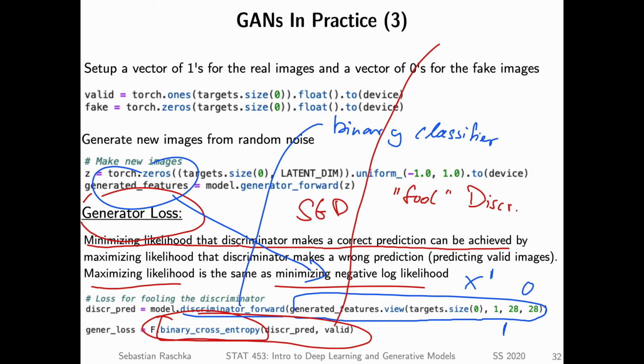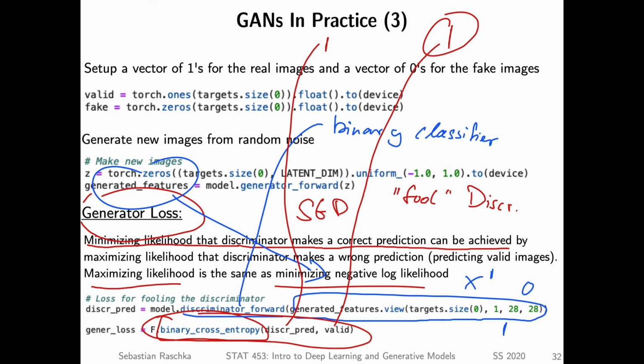Again, we use the trick that we flip the class labels so that we minimize the cross entropy. So this is now class label 1, although it's a fake image, right? We flip the class label, and we want this one to be 1 because we want the discriminator to think that this is actually real.